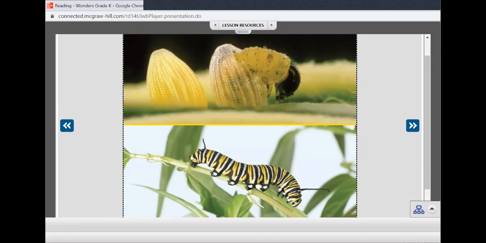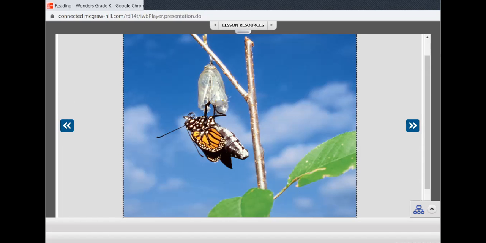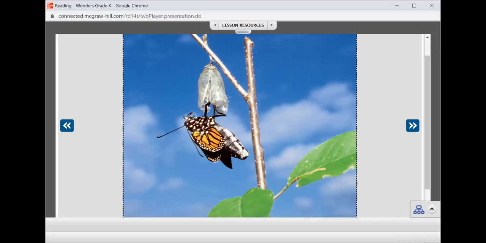Well, it turns into this caterpillar, and what does it build? Do you remember what this is called? It is called a chrysalis. It's a hard case, and it attaches itself to a plant when it's building this chrysalis.